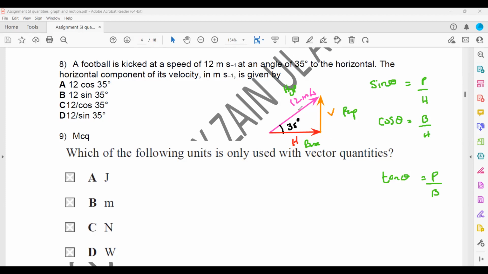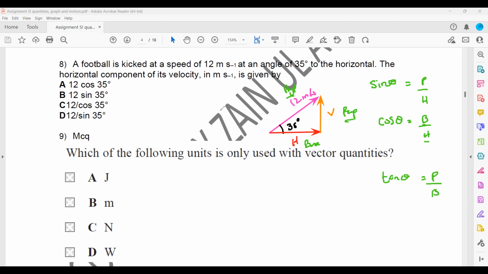So I want the horizontal component and I have the hypotenuse. If I use sine theta, I cannot determine the horizontal component, because with sine theta the perpendicular and hypotenuse are involved. But cosine theta is base over hypotenuse, and the base is the horizontal component. So we can use that.